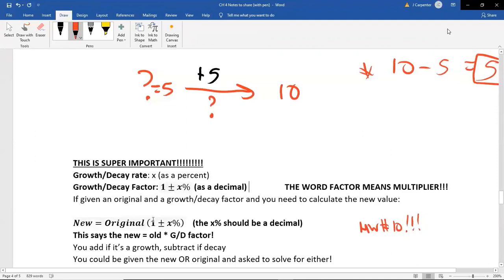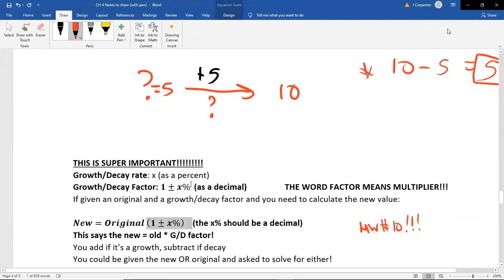So the new is just the original times the growth factor. That's what this says right here. The new is equal to the original times 1 plus or minus that percentage, but as a decimal. Again, this should be as a decimal. I remind you here, I say it twice. New equals original or old times this parentheses right here, which is just the growth factor or the decay factor.